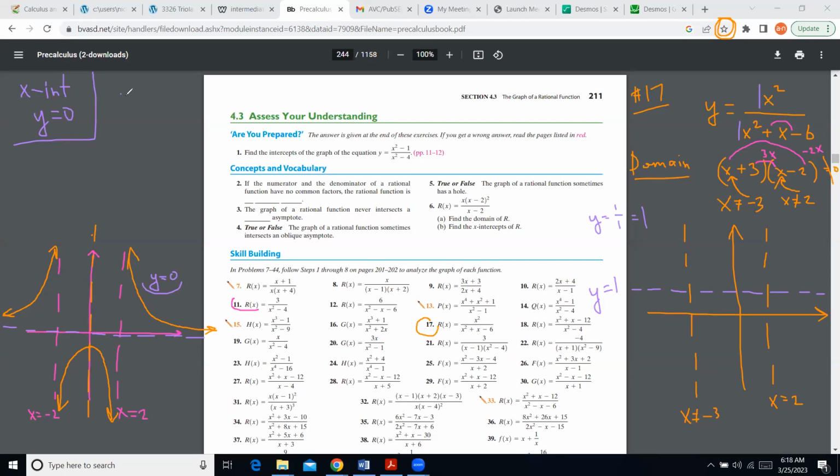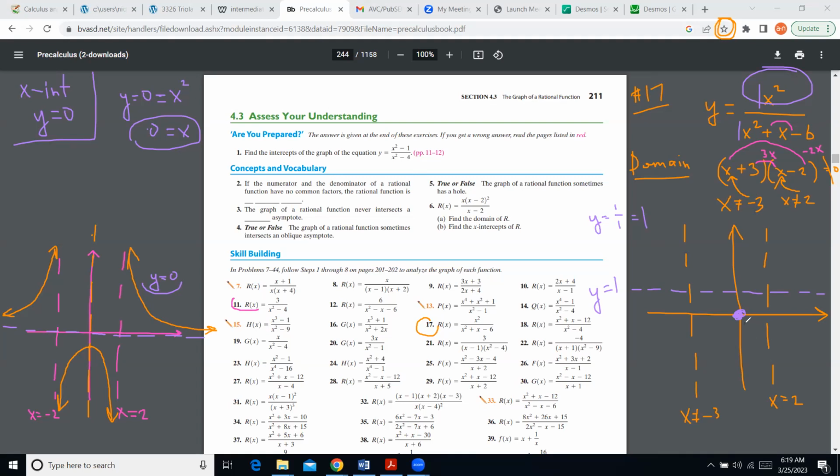And when I set y equal to 0, it means that I have to set my numerator only equal to 0. So I say that x squared is equal to 0, or that x is equal to 0. So when I have the point of intersection with my x-axis, then this is going to be a 0. That's the only point that I need to put on this coordinate plane.